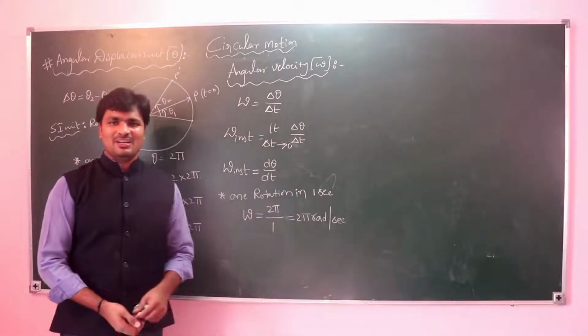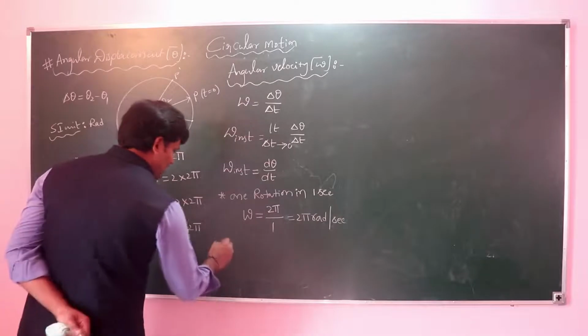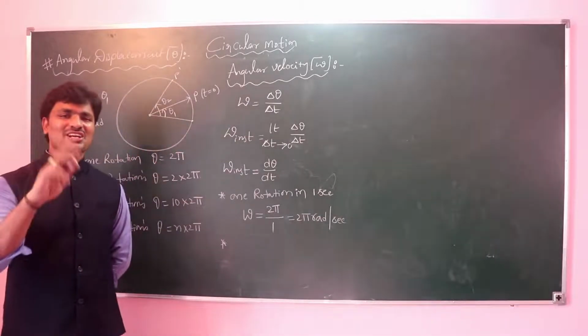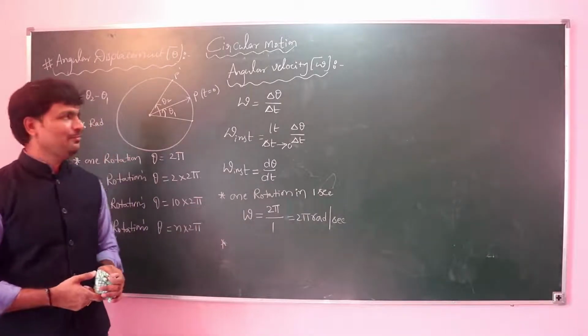In case it is completing 2 rotations in 1 second, that goes to 4 pi radian per second.